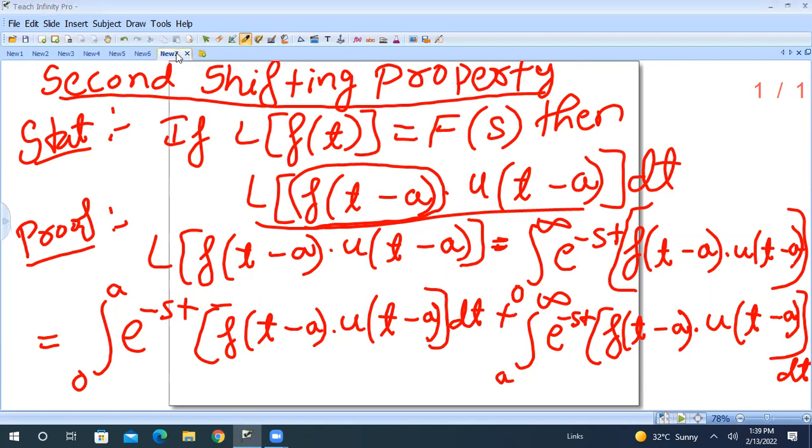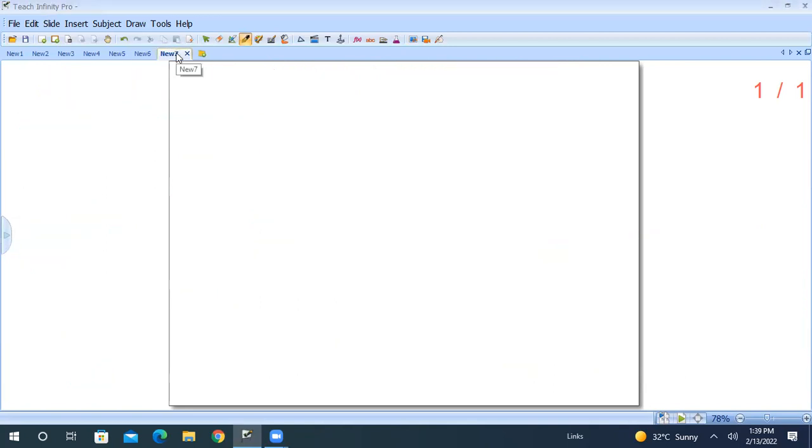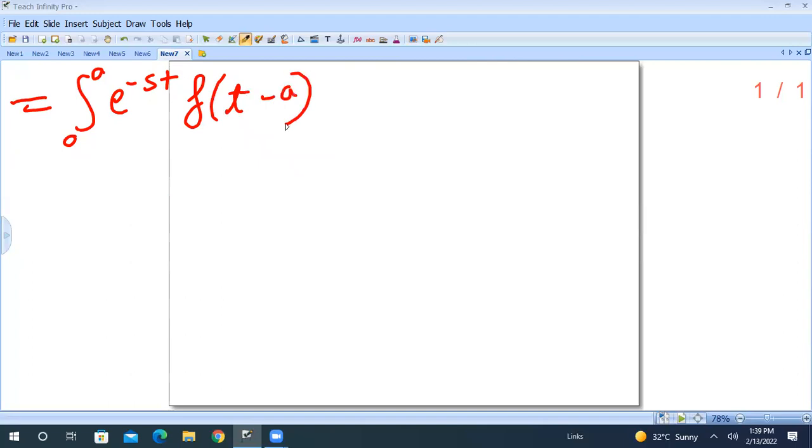The next step is equal to 0 to a, e to the power of minus st, f of t minus a. Noting the previous term, one second, wait.